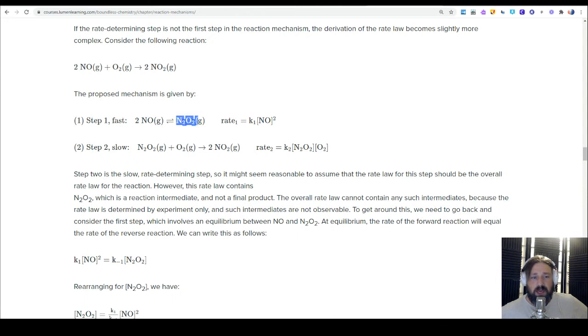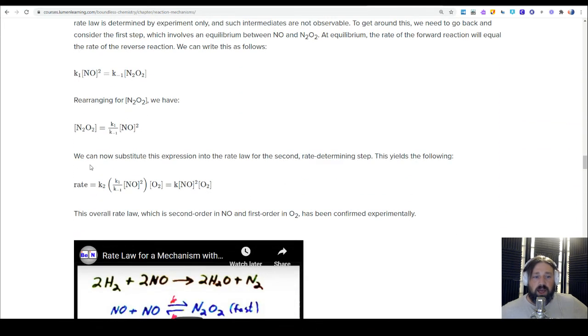Since we're making N2O2 in the fast step, and this is how quickly we are making N2O2, what we can do is plug this into the slow step, and our rate in the end is going to be NO2 O2.